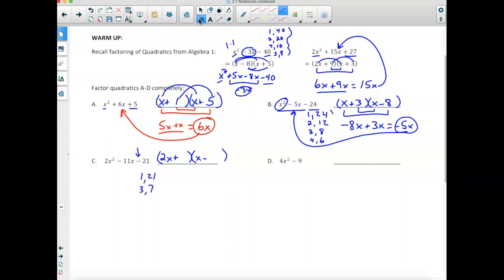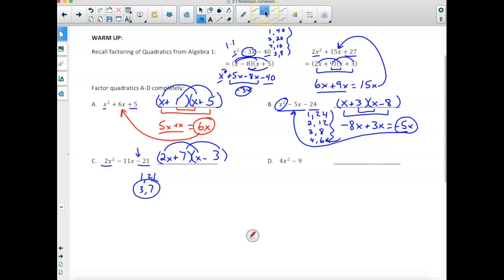Even back here, I always personally start with the factors closest together, but I mentally did it and saw it wouldn't work. So I'm going to take my 3 and my 7 and put them in there any which way I want. If I put a 7 here and a 3 here, okay? 2x, these first two always work. These last two always work because they're factors of it.